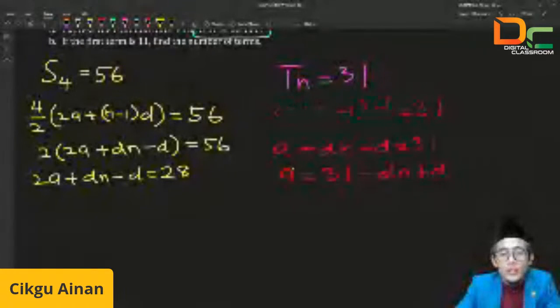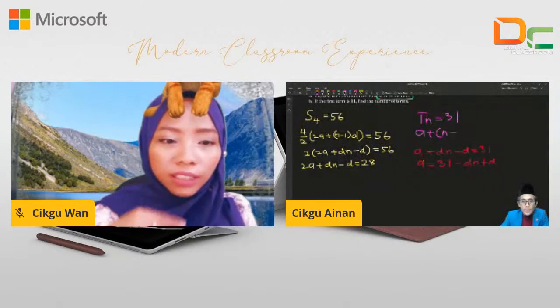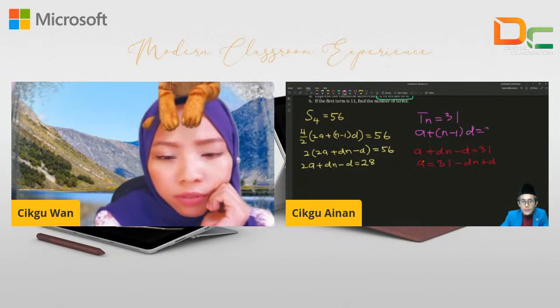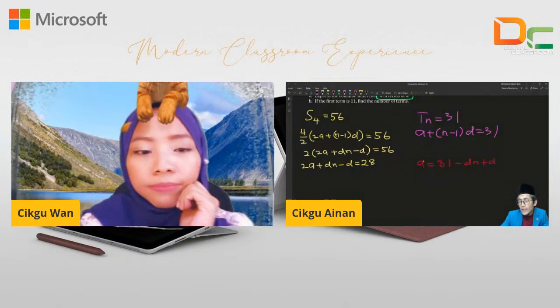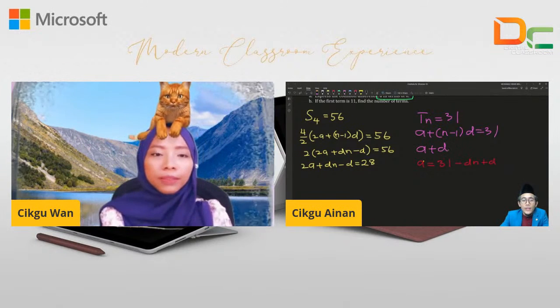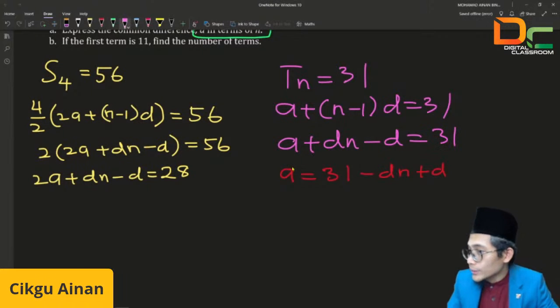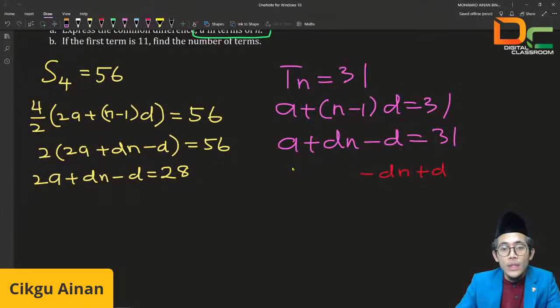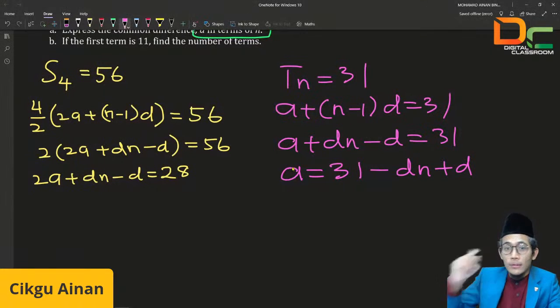Okay, so n minus 1 d equals 31. Yellow with purple is better. Okay, continue. Dn minus d equals 31. Can you see? I already changed this. Okay, thank you. If you don't give feedback, we won't know. Okay.